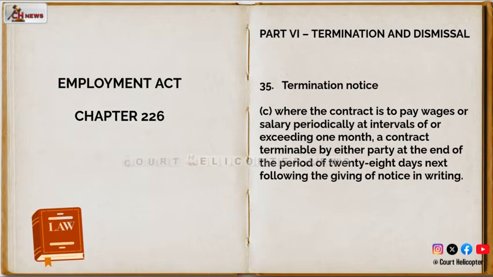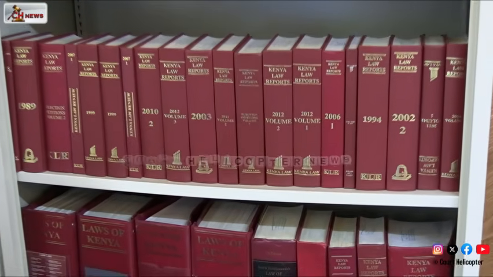If your salary is being paid monthly, then the law says you must be given a notice of not less than 28 days. Why 28 days? February is normally 28 days. So a notice of not less than 1 month must be issued.